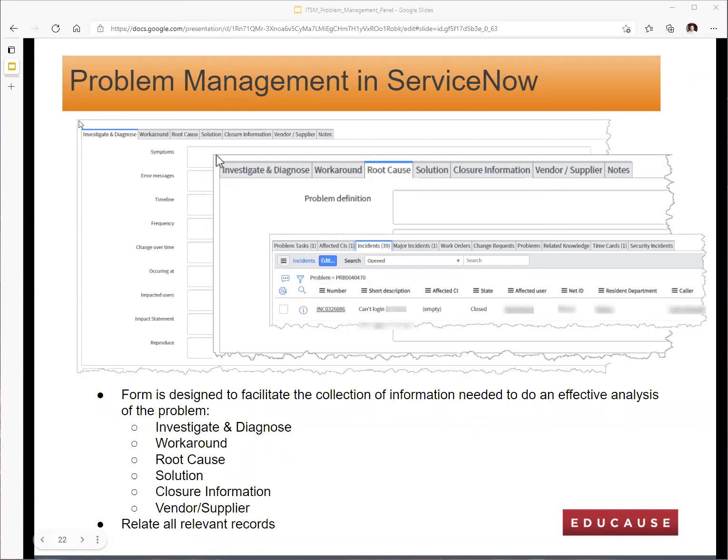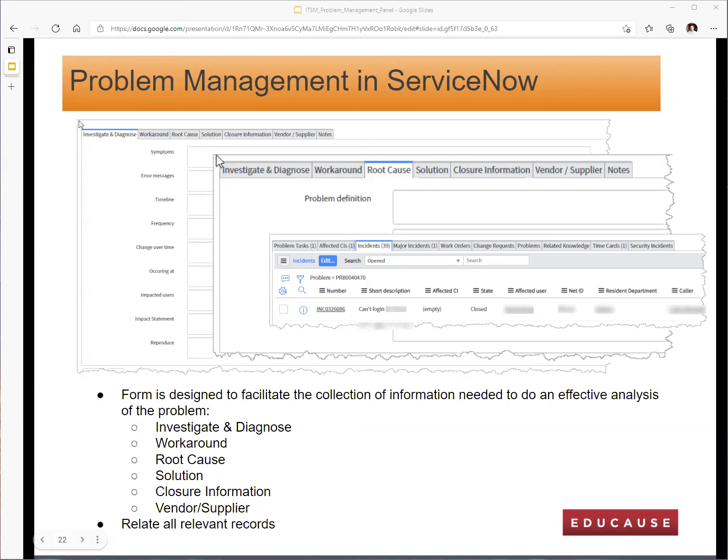I felt like documentation, writing it down in the problem record, really enhanced the critical thinking that you needed to do throughout the problem life cycle. If people didn't write things down, we'd wonder, was it yesterday or the day before that this happened? What were the symptoms we saw? What were the steps we took immediately after this started happening? And that stuff gets lost in people's emails or in people's brains.